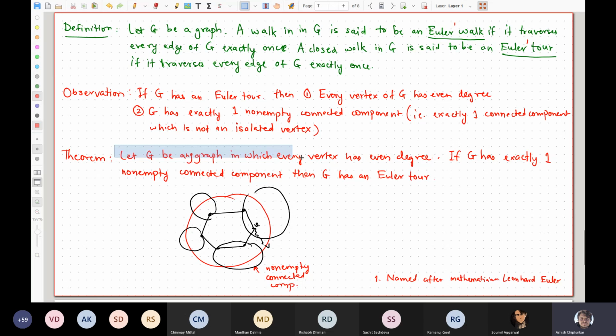Let G be any graph in which every vertex has even degree. If G has at least one non-empty connected component, then G contains a cycle.